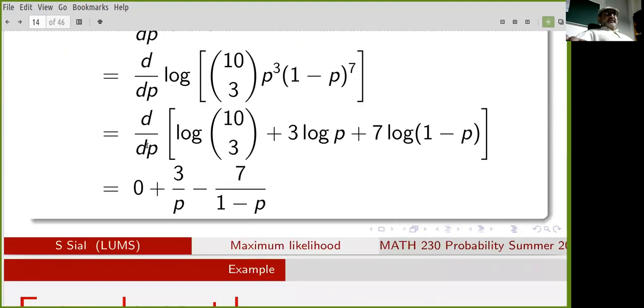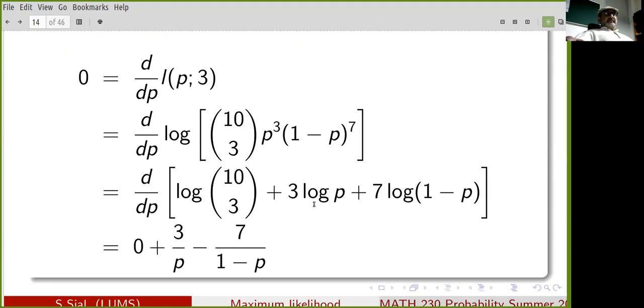So that's d by dp of log of 10 choose 3 plus 3 log p plus 7 log of 1 minus p. Log of 10 choose 3 is a constant, so its derivative with respect to p is 0. The derivative of 3 log p is 3 over p, and the derivative of log of 1 minus p is minus 1 over 1 minus p. So you get that 0 is equal to 3 over p minus 7 over 1 minus p.